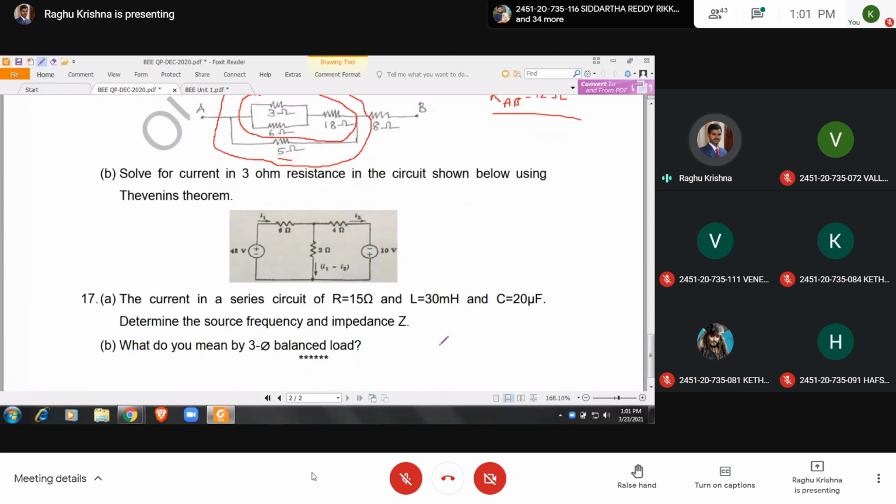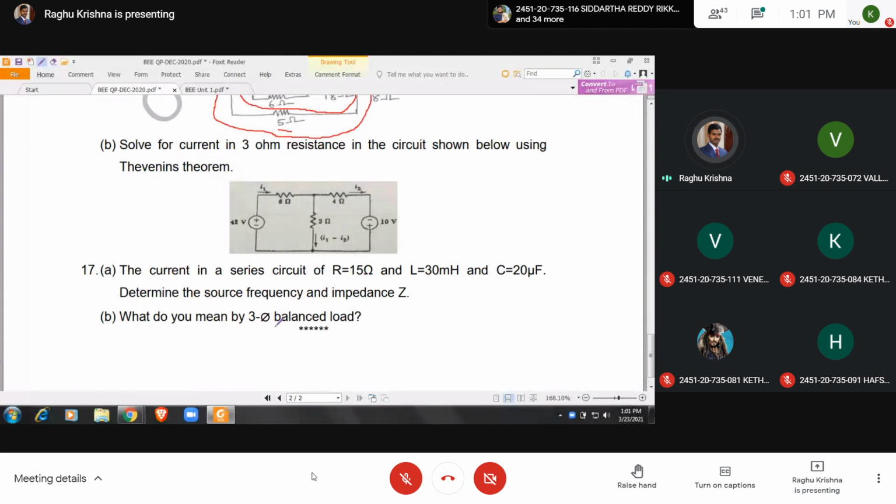Next we have series RLC. Next, what is meant by balanced load? So balanced load means very simple. The value of resistance and reactance must be the same in all the 3 loads.